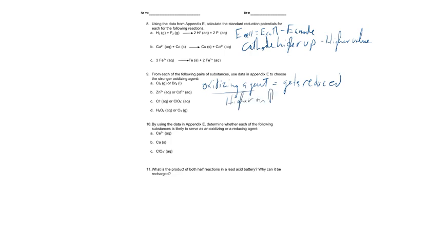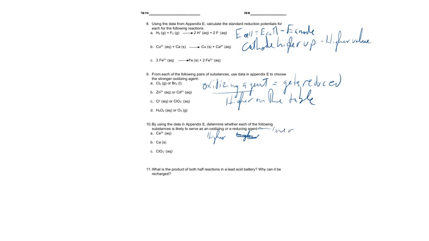All right, here, determine which of the following substances is likely to serve as an oxidizing or reducing agent. So you just look in the table. If it's higher on the table, it's an oxidizing agent. And a reducing agent would be lower on the table.